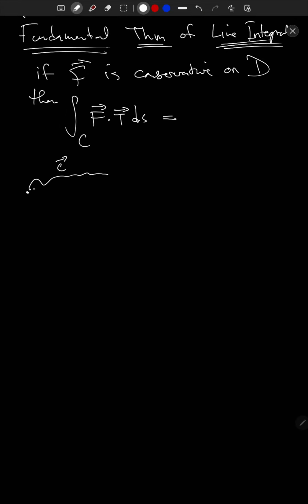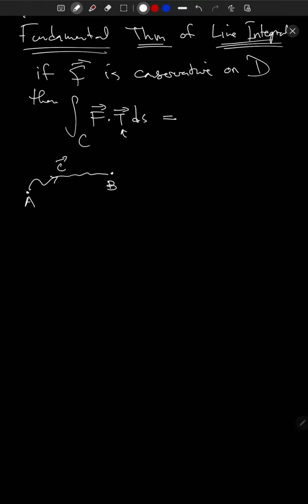When we talk about line integrals, we always have a direction, because we have this unit tangent T, which always has a direction. So we're talking about a curve with a direction included as part of its core information. Let's say we start at capital A and we end at capital B.